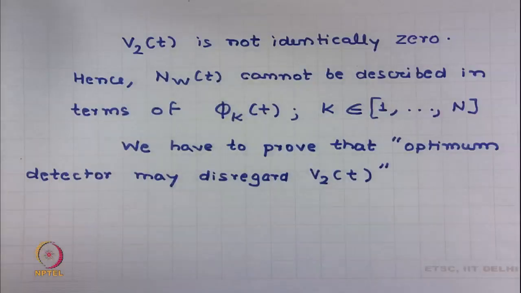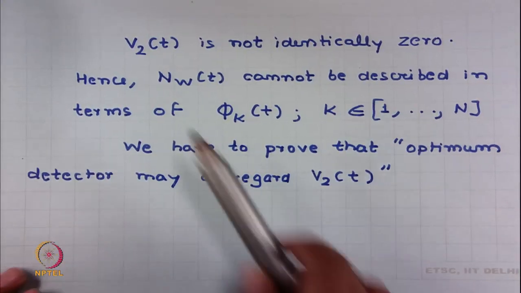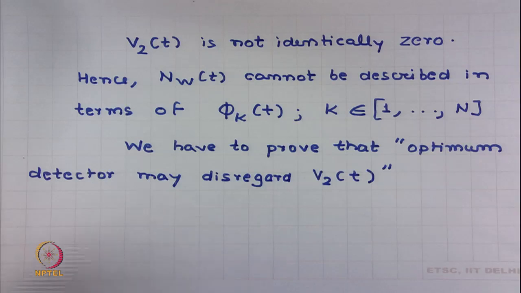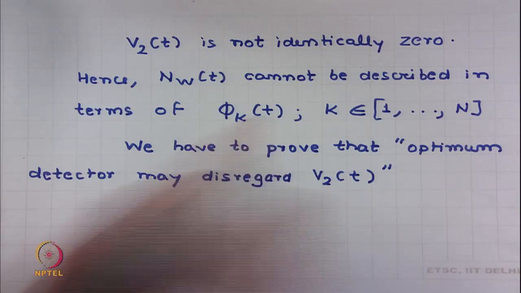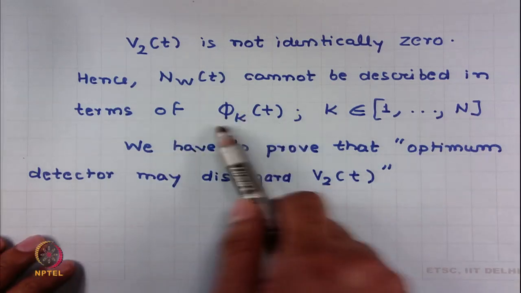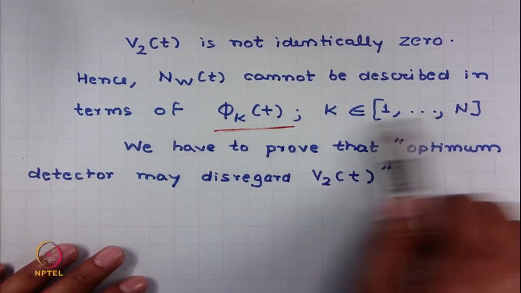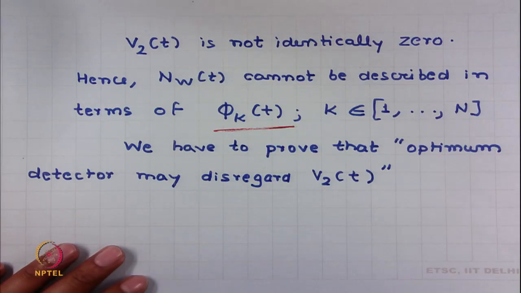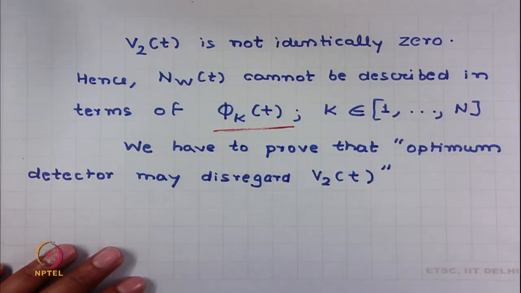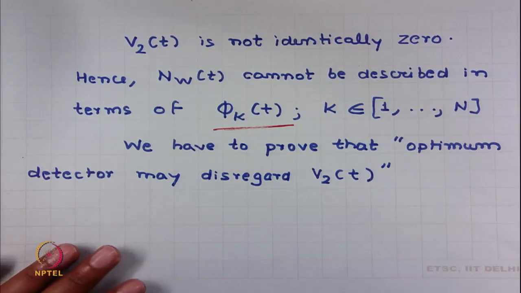V2 t will not be identically 0, because a white Gaussian noise cannot be described in terms of finite dimensions. phi k t is a finite dimensional space, because k is a finite number, it would go from 1 to n or from 0 to n minus 1. And this is what we have to prove, that the optimum detector may disregard this V2 t.